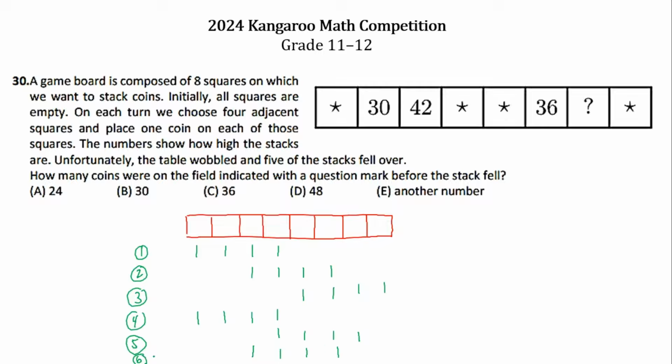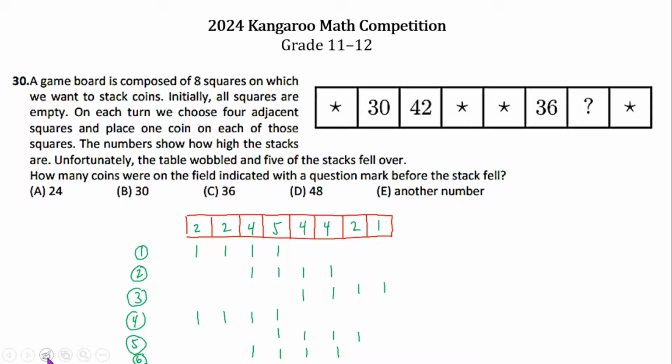Now let's total the coins for each square. First square 2, next is also 2, then 4, next 5, next is 4, next is 4, next is 2, next is 1.